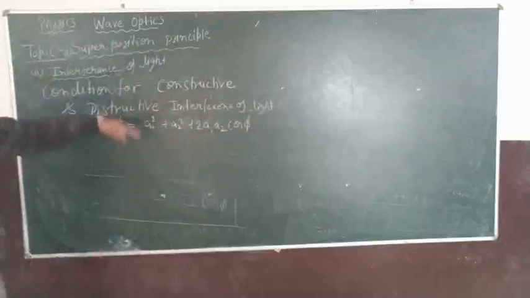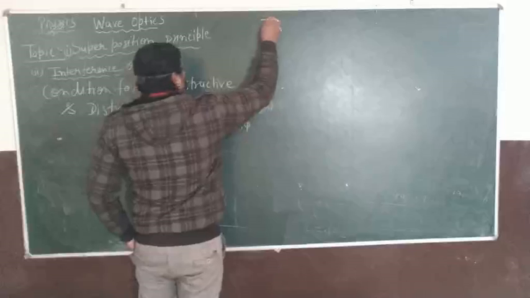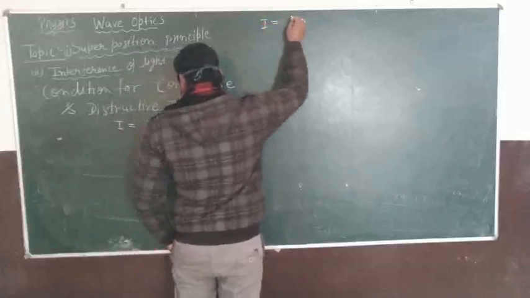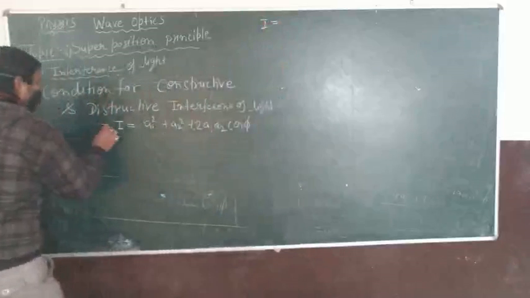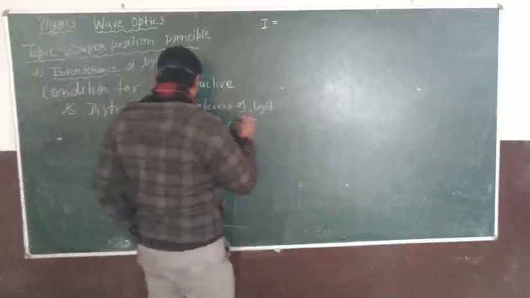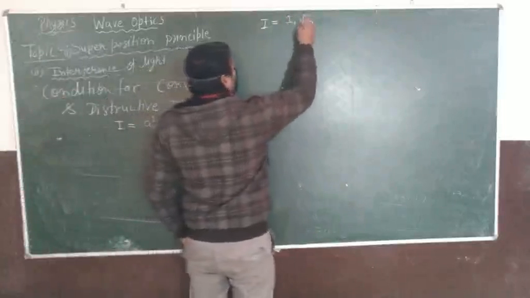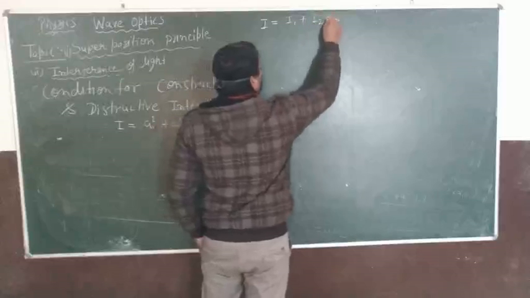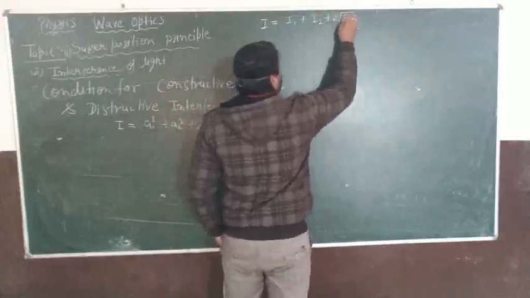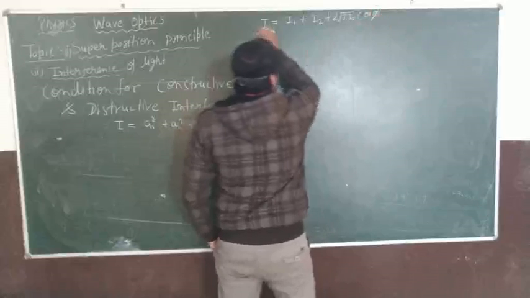And the other form we have is I is equal to I1 plus I2 plus 2 under root of I1 I2 cos phi.